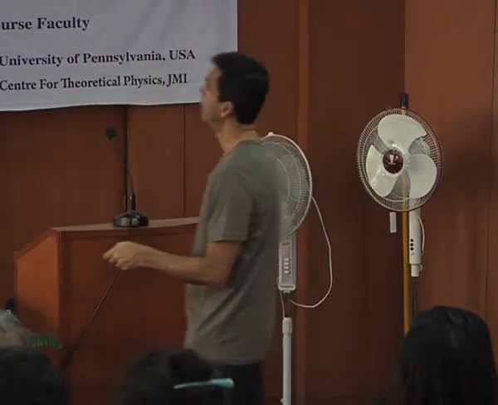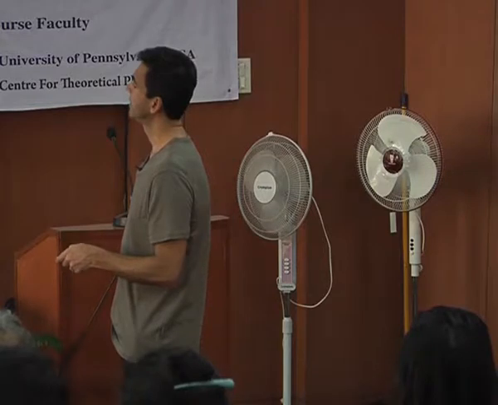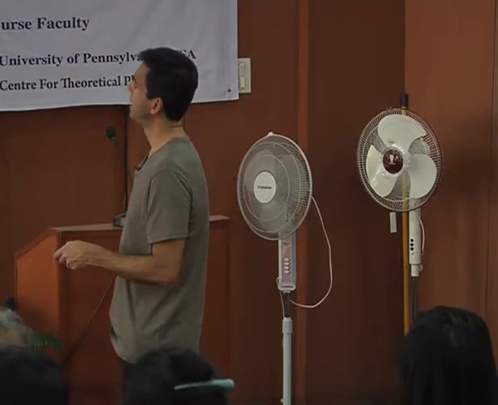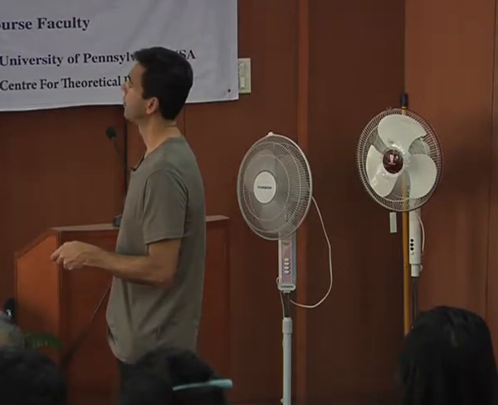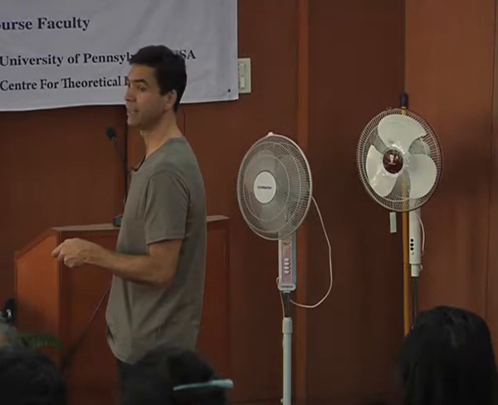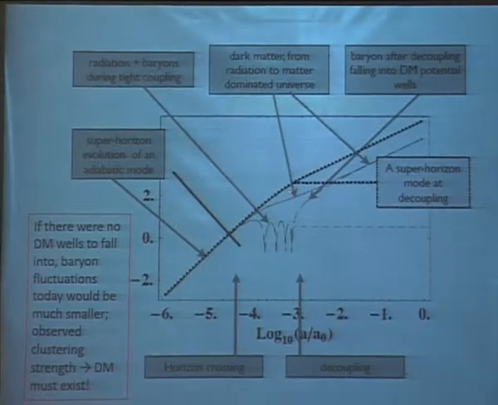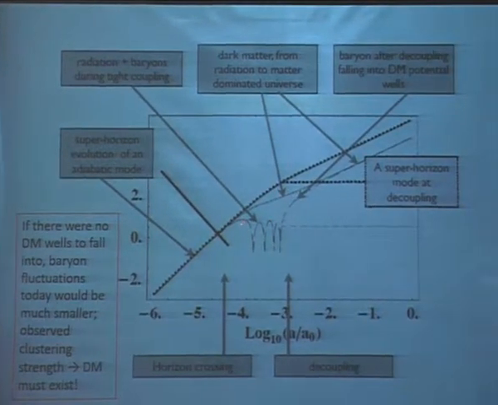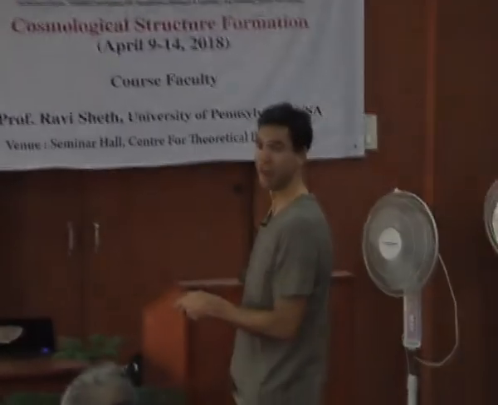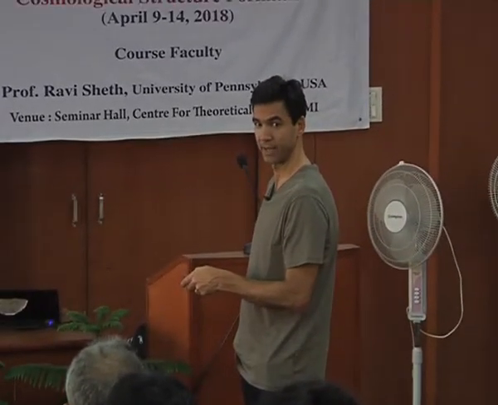So what is happening here is that when you have a mode that enters and it doesn't grow, and now it's matter dominated and it can start growing, okay? Let's imagine that I had a dark matter mode and a baryon mode, okay?